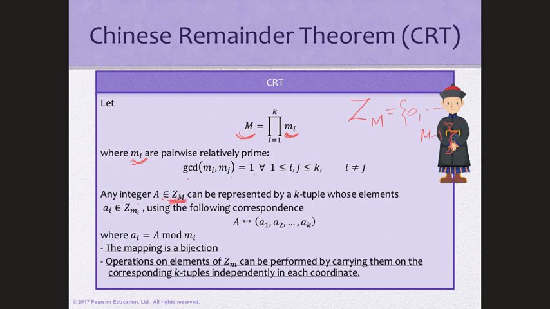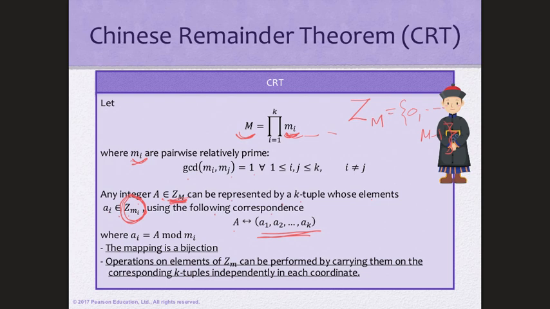The finite field Zm can be represented by a k-tuple whose elements ai belong to these sub-finite domains, which are the domains modulus M1, M2, M3, and so on, using the following correspondence: A is equal to, again, just as if it's a vector representation.